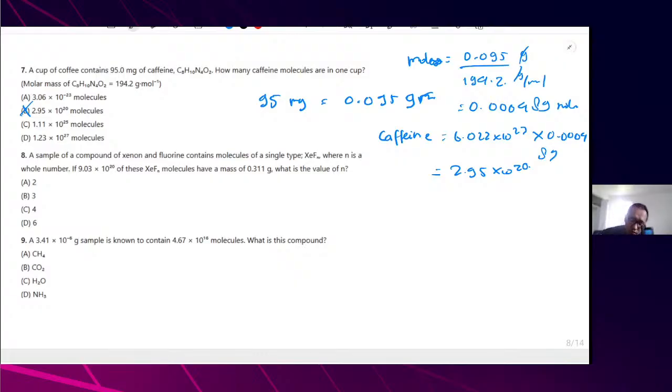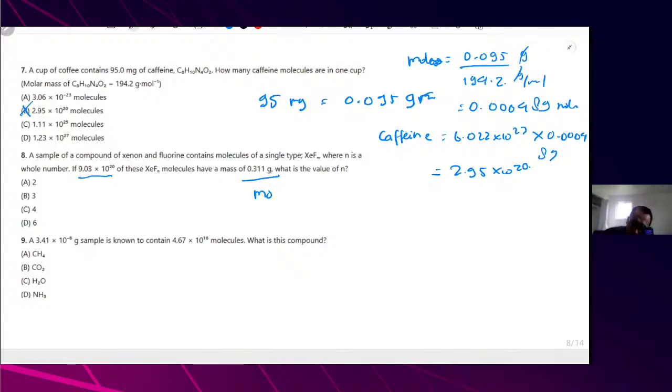The key concept here is we already have the mass, and we already have the molecules over here. How to do that? Step one is find the mass of one molecule.